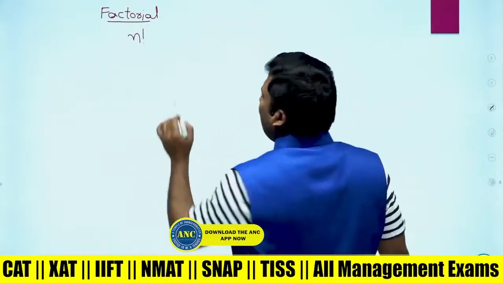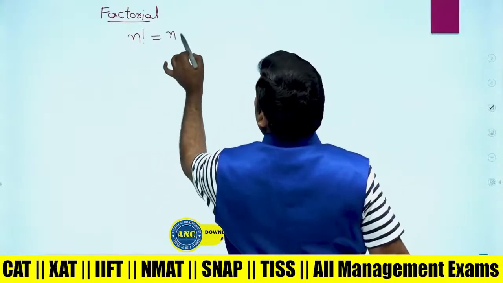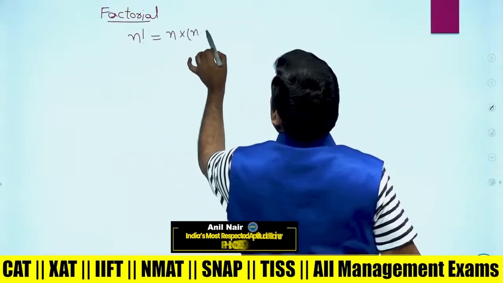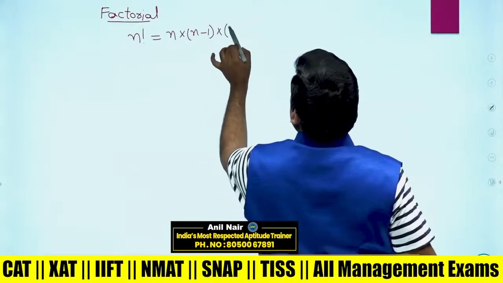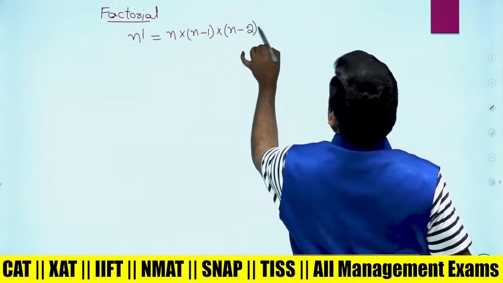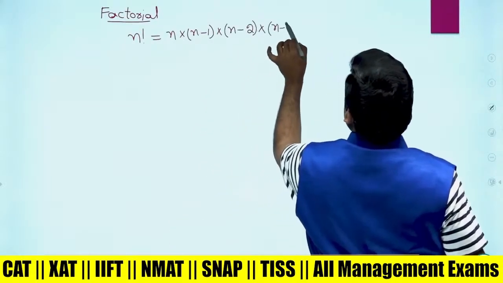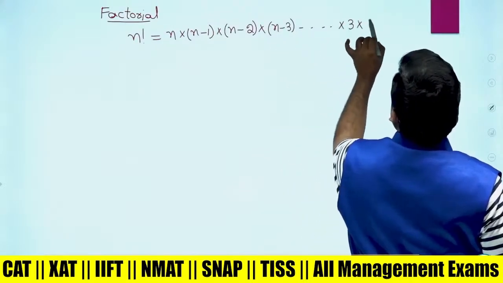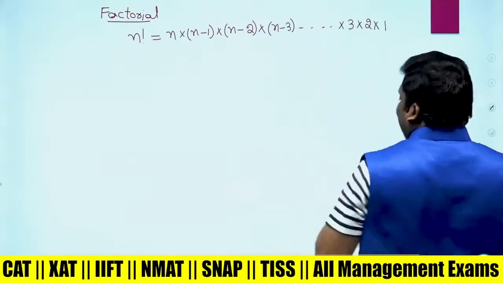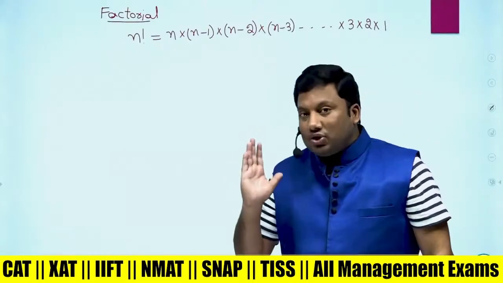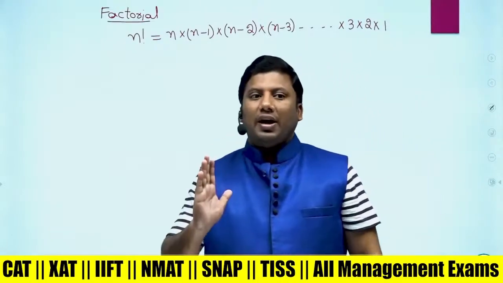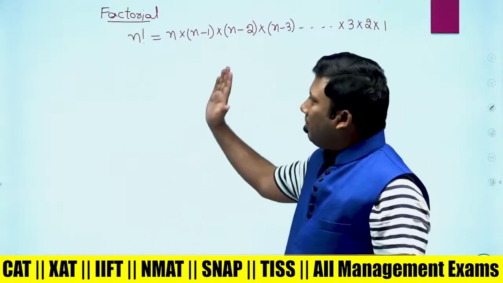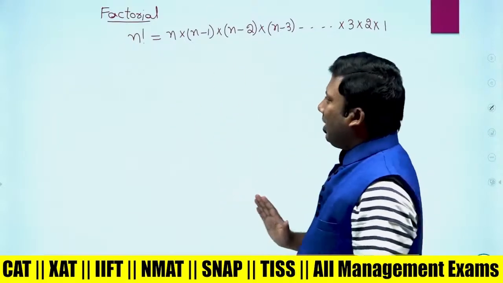Factorial is defined as the product of all natural numbers from n to 1: n into n minus 1 into n minus 2 into n minus 3, and so on up to 3 into 2 into 1. From 1 to n, if I take the natural numbers and do the product, what I get is nothing but the factorial of a number.